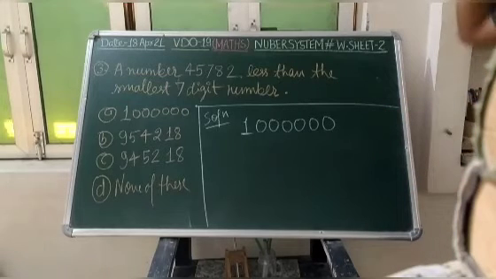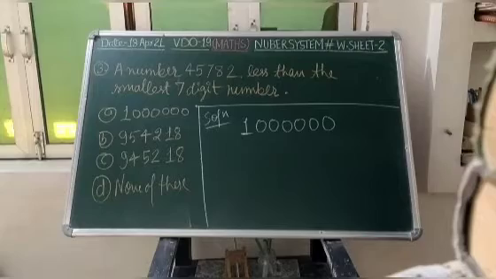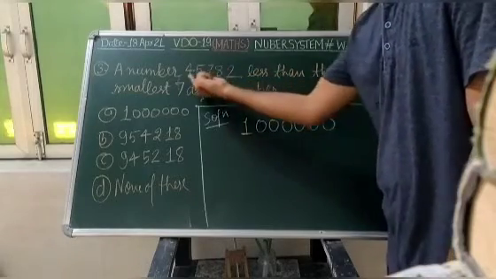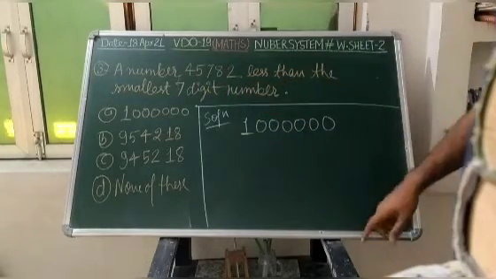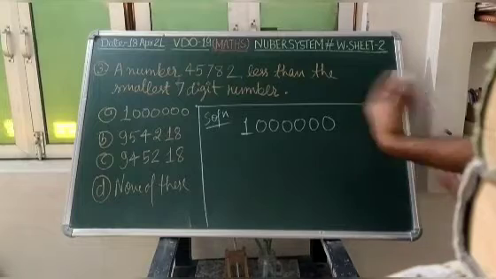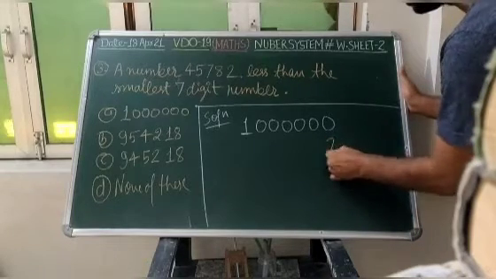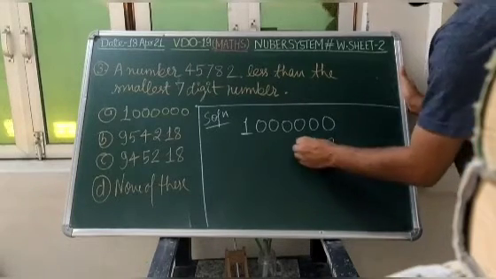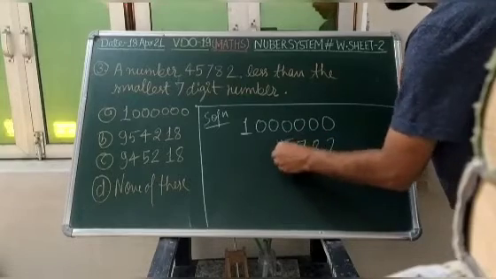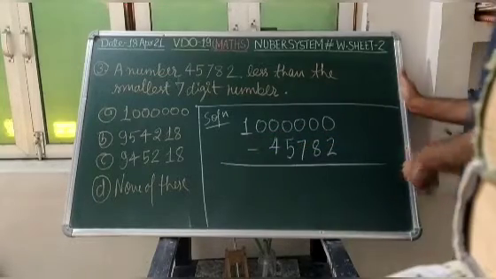That will become the least 7-digit number, and we want a number 45782 less than it. So we will subtract this number from the 7-digit number.